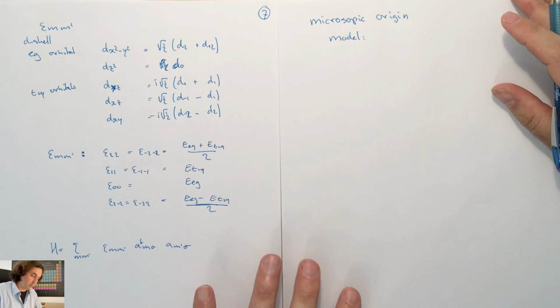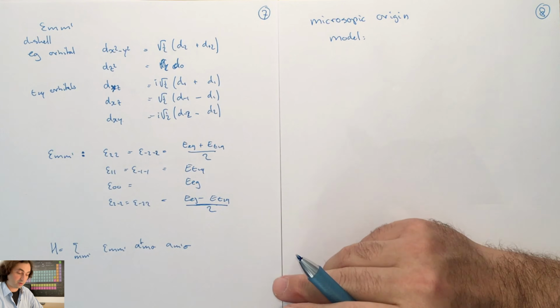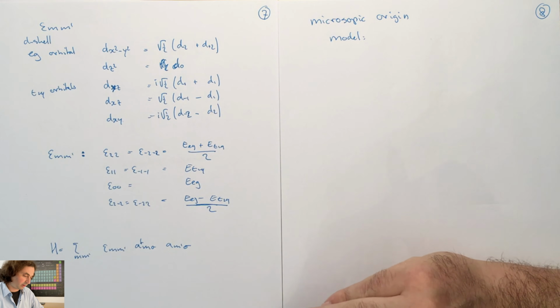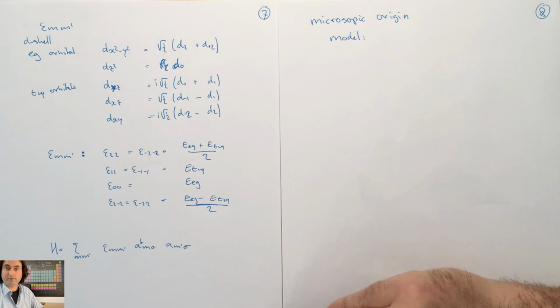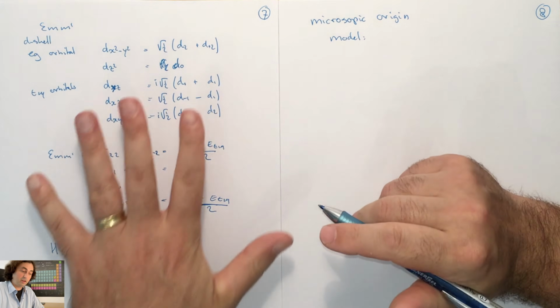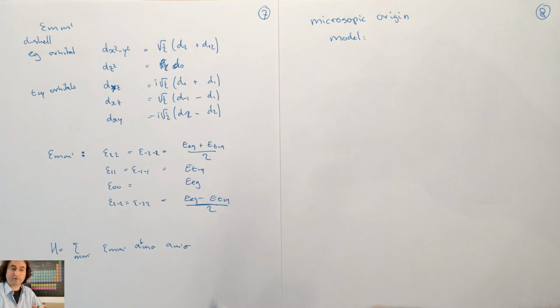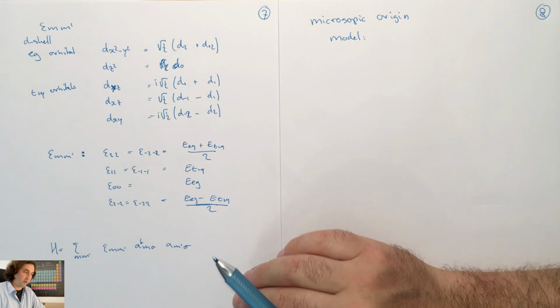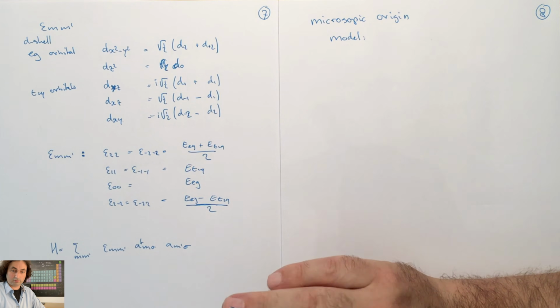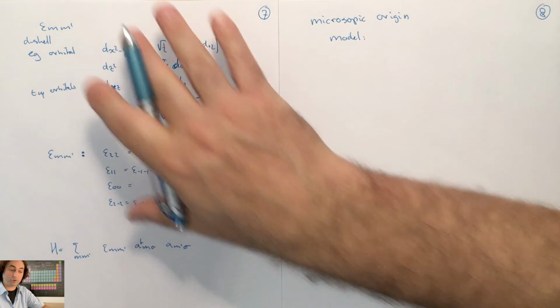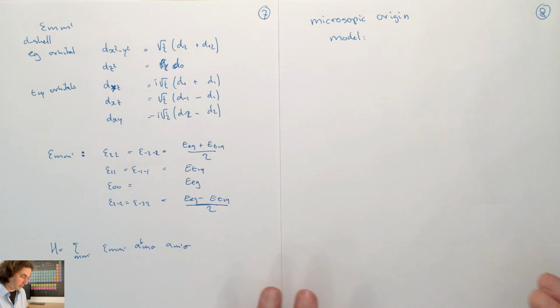If you now do modern DFT calculations and just calculate the potentials, then for example in nickel oxide you will find that the non-spherical charge distributions will get you an energy splitting between the T2Gs and the EGs of the order of 10 milli-electron volt. The experimentally observed energy splitting is of the order of 1 or 1.1 electron volt. So it's really only 1% or so that comes from the non-spherical charge distribution in your system.